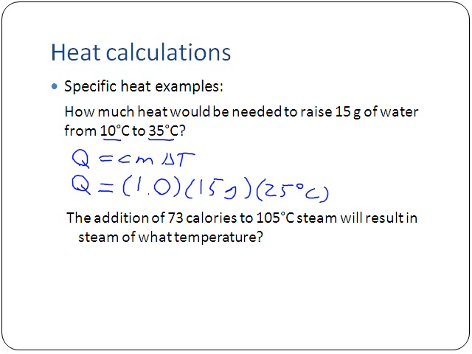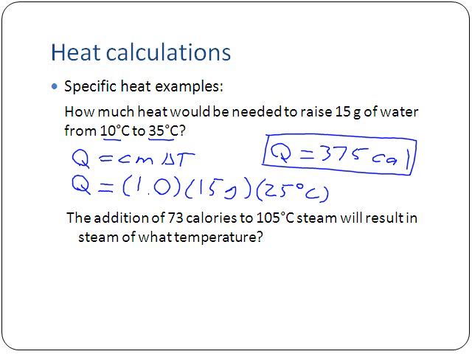Get out the calculators: 25 times 15 times 1.0 gives you 375. So Q, the amount of heat, is equal to 375 calories, and that's our final answer. It takes 375 calories to heat 15 grams of water from 10 degrees to 35 degrees.